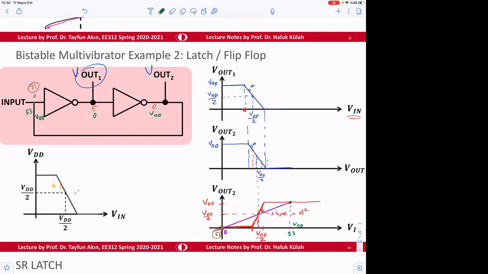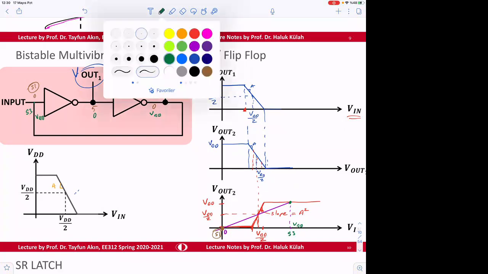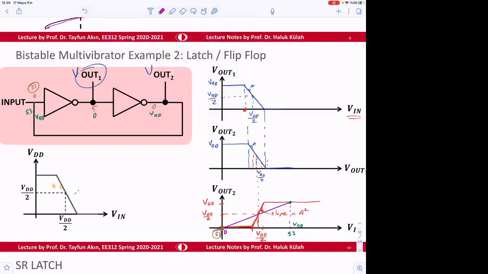Okay. So if the input is 2.3 volt, that's the interesting case. So let's say this is 2.5 volt. This will be 2.5 volt. This will be 2.5 volt. And that's this state, S2.